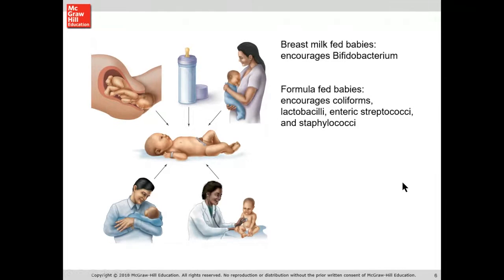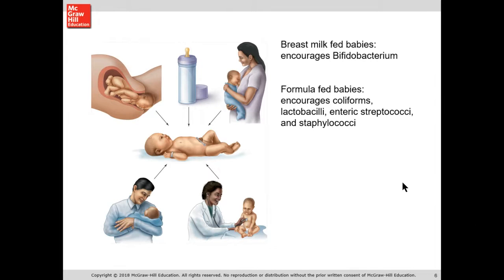Okay, and the colonization of our body starts almost immediately after birth. And really, during the birth of the baby, if it is a vaginal baby, it will receive more microbes than a cesarean baby. And that difference can last for months.